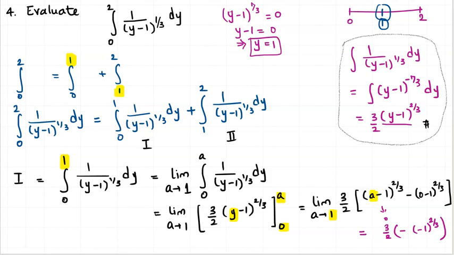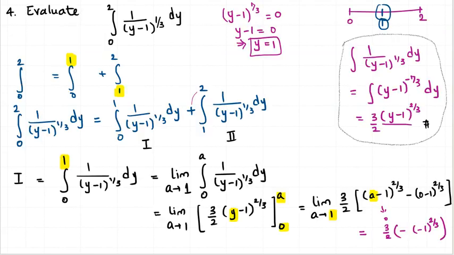Okay. Now solving this second part. So what is it? Integral 1 to 2, dy over (y minus 1) to the power 1 over 3. Let's check it. Yes, this is 1 to 2.